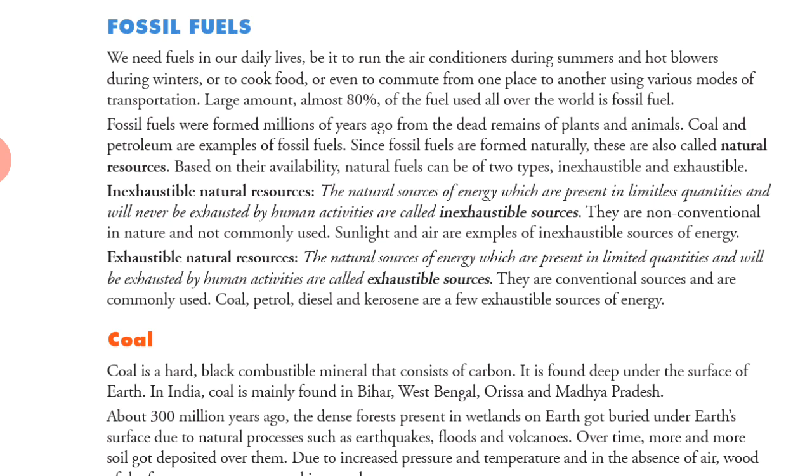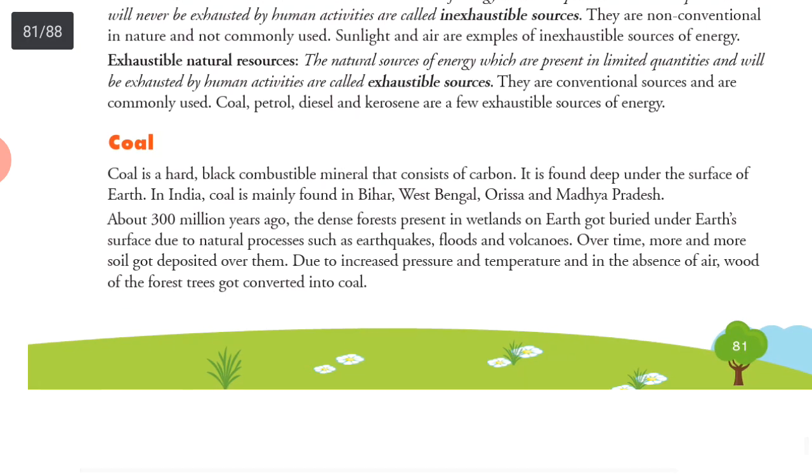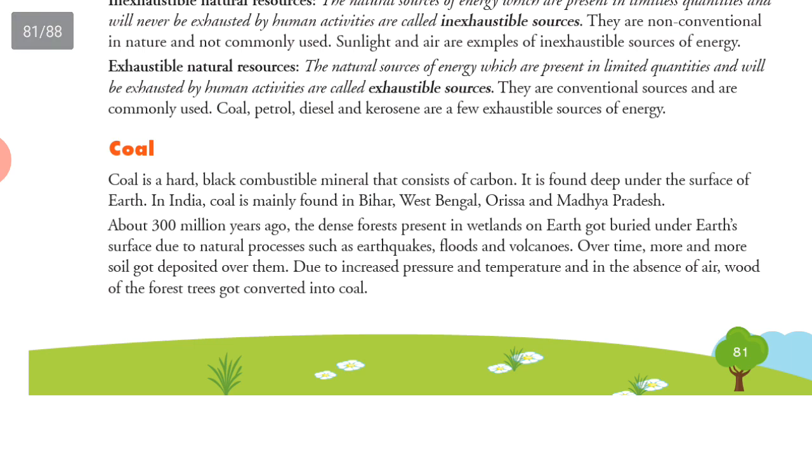Let's start with the first type of exhaustible source in nature. It is coal. Coal is a hard, black, combustible mineral that consists of carbon. It is found deep under the surface of the earth. In India, coal is mainly found in Bihar, West Bengal, Odisha and Madhya Pradesh. About 300 million years ago, the dense forests present in wetlands on the earth got buried under the earth's surface due to natural processes such as earthquakes, floods and volcanoes.